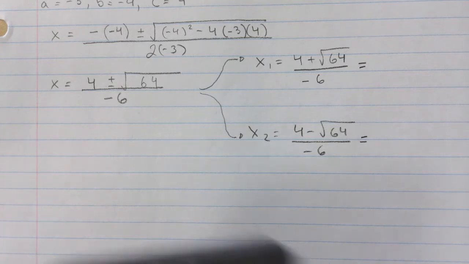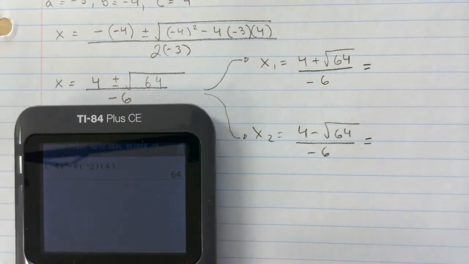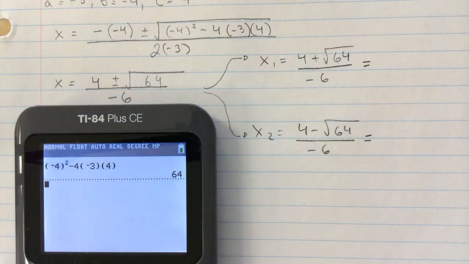And I'll show you how to type it in because I always assume, but it's not safe to assume, that you know how to use it, right? Watch how I do this. 4 plus second x2 to get the square root, 64. At this point, I hit enter. And then I go divided by negative 6.